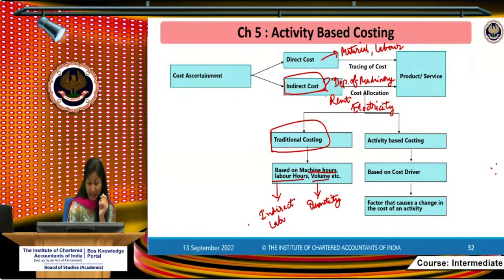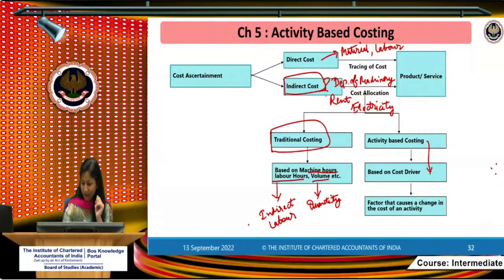But in traditional costing, no separate costs are allocated. It is accumulated, and then a single base is used for their allocation between different products. But in ABC, each and every cost which comes under the cost pool is allocated between products based on their own cost drivers.